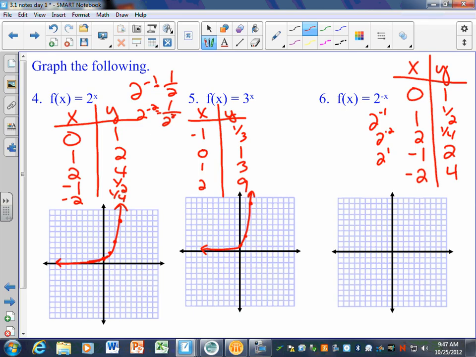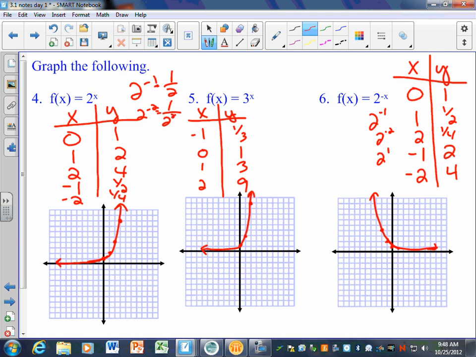We're still not getting 0. We're still not getting negative numbers here. But now -1 gives me 2. -2 gives me 4. And I get those fractions on the other side. So it's flipped over the y-axis.